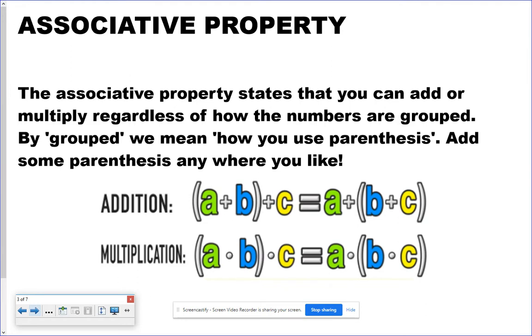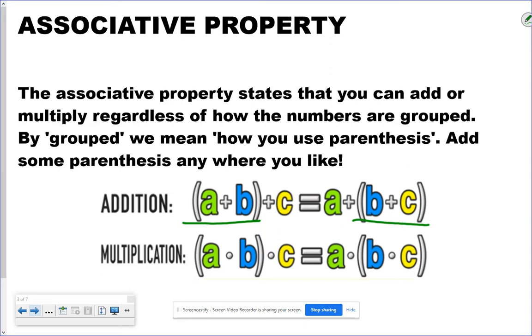Really, you can add parentheses anywhere you'd like when we are just adding numbers together or multiplying numbers together, and we get the same result. Okay, so notice here in the first example, they grouped A and B together, and in the other part, they grouped B and C together. Right? And it doesn't matter which way they group them, they're going to get the same answer.